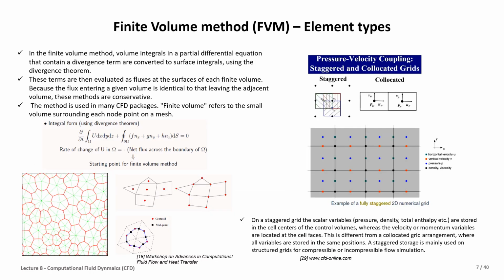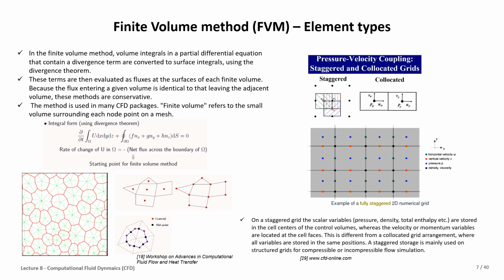The next method is the finite volume method, FVM, which relies on the element type. In the finite volume method, the volume integrals in a partial differential equation that contain a divergence term are converted to surface integrals using the divergence theorem.